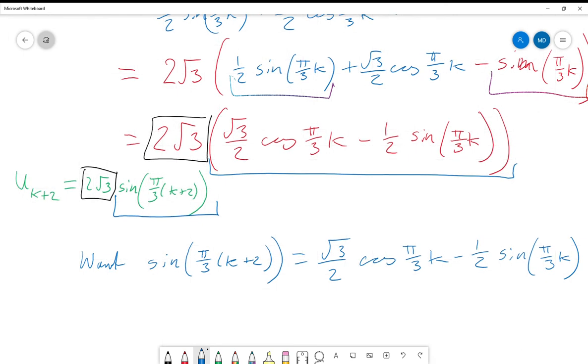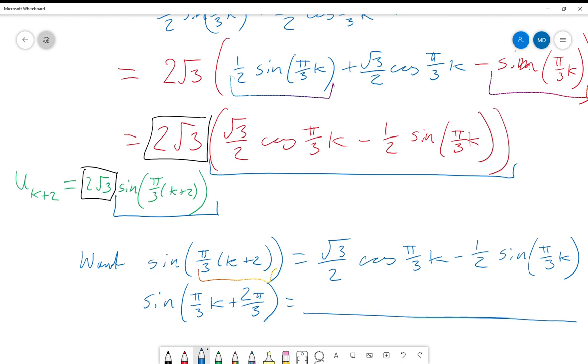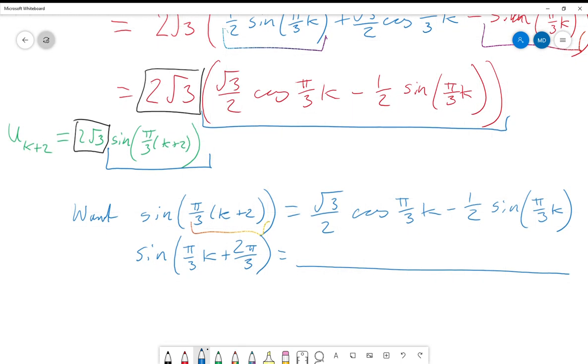So in this case, we're just going to use our double angle formula again. Expand this inside, so we get sine of pi over 3k plus 2 pi over 3 is equal to all of this. And we want it to be equal to that, so we're going to put a question mark there. So let's actually use our double angle formula.